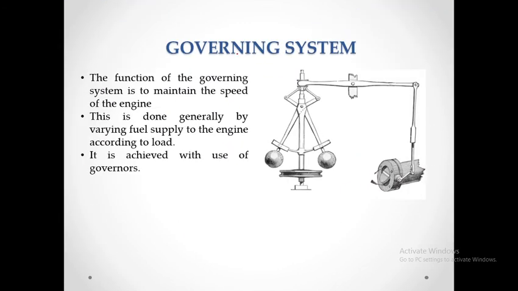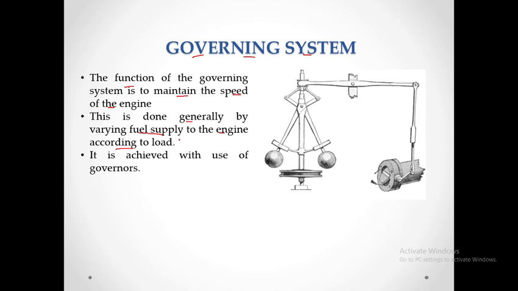Then finally, since the diesel engine runs at high speed, we have to control the speed of the diesel engine. What is the function of the governing system? The function of the governing system is to maintain the speed of the engine. This is done generally by varying the fuel supply to the engine according to the load.